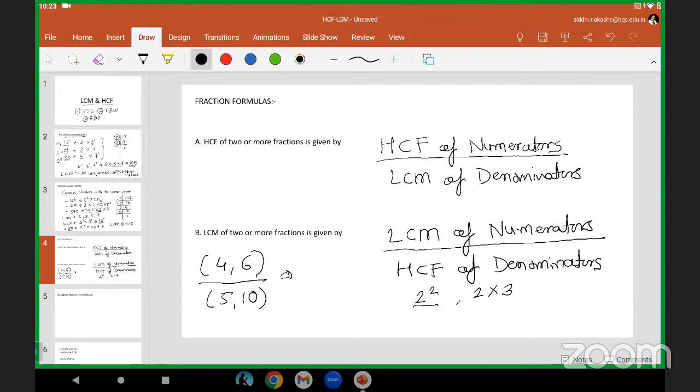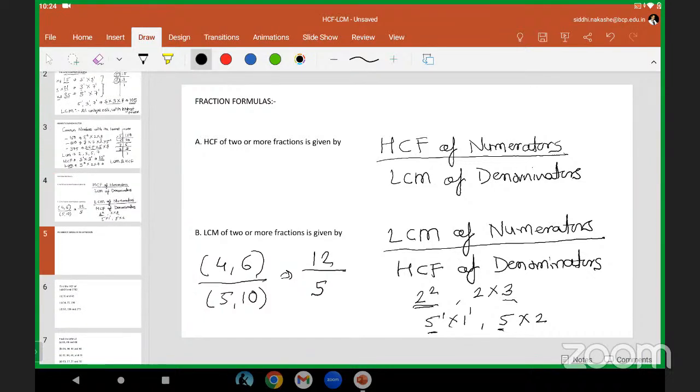So we'll take the highest power, 2 raised to 2 and 3, that becomes 12. And when we talk about HCF of 5 and 10, that is 5 into 1 into 1, and this is nothing but 5 into 2. So now the common number over here is 5. So your answer will be 12 upon 5. So this is how you solve HCF and LCM of two or more fractions.